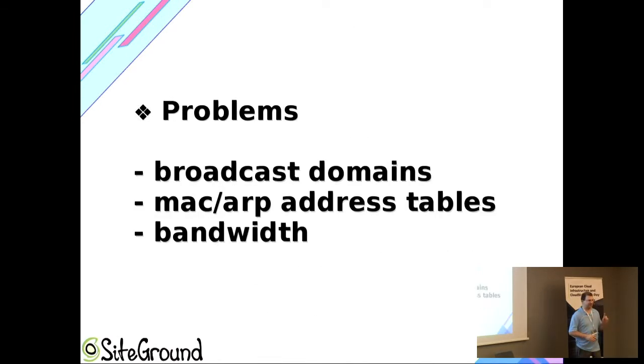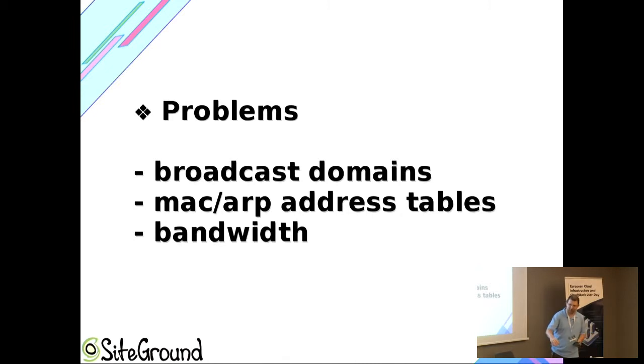And the problems that we start with are first, broadcast storms. A lot of people think that switches nowadays handle these with broadcast storm protection and stuff like this. With switches that enable the broadcast storm protection, usually when you reach this limit, you actually stop half of your network.